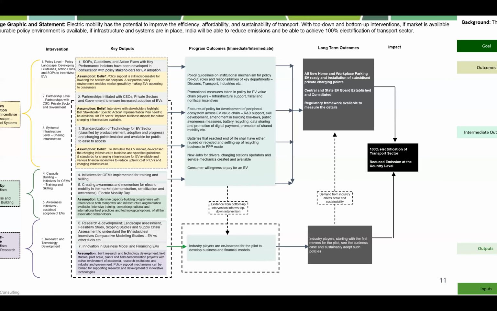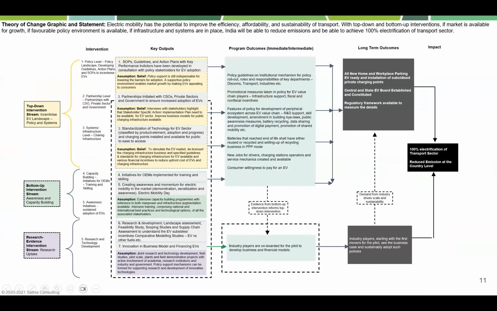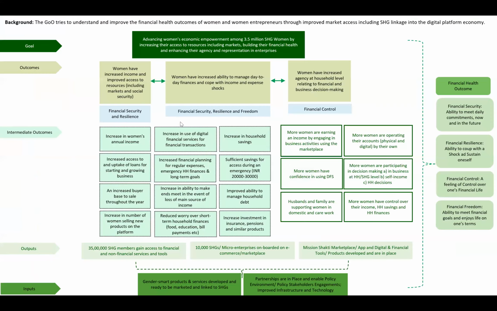Okay, sorry. So as I mentioned, there are two examples I used while explaining the theory of change. One is for the EV sector in India, where you will find that with every output I put an assumption or belief kind of thing. The next example is on women and access to digital finance and improving their whole financial health outcome.